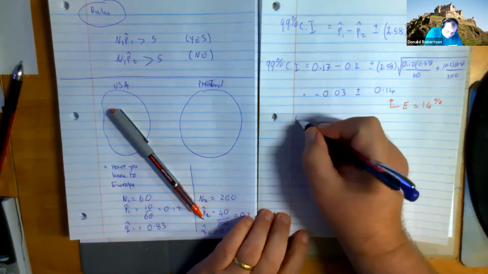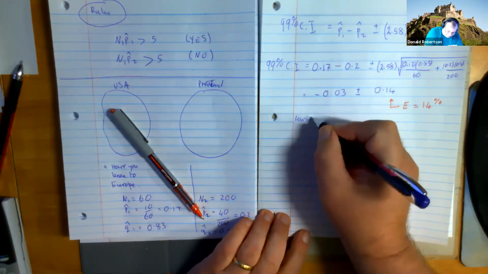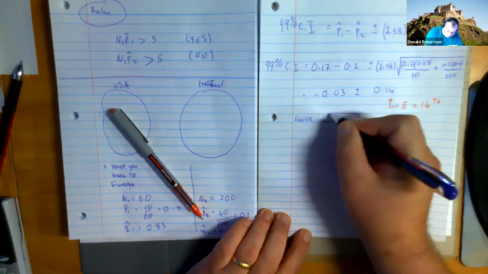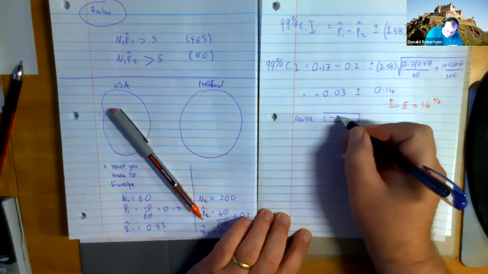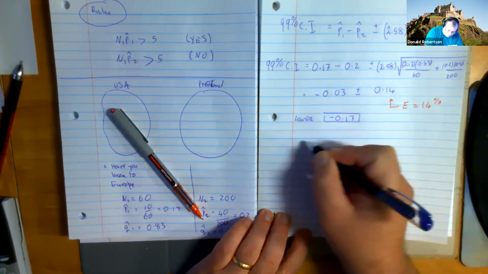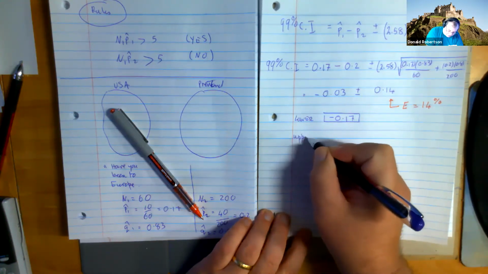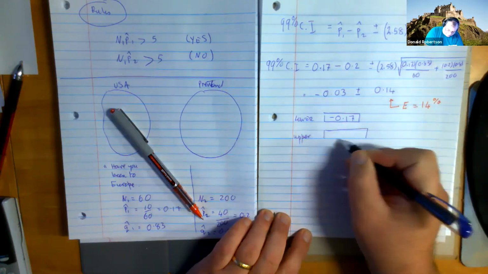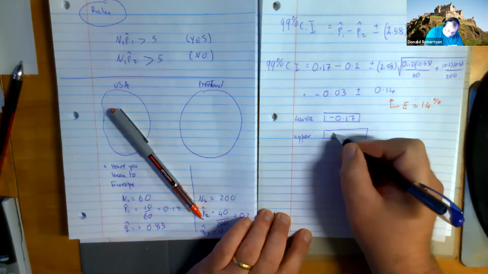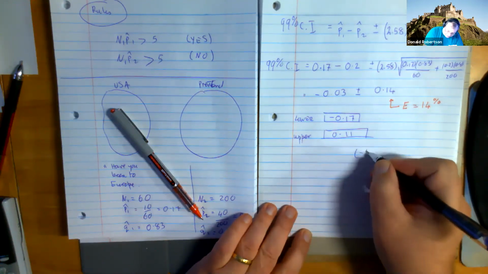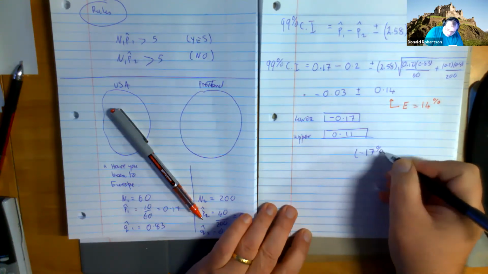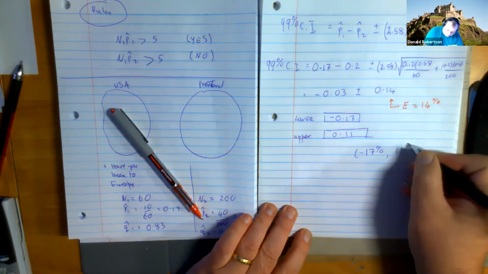Well, if I do the lower limit, that take away that subtract that is negative 0.17. If I calculate the upper limit, it's a positive number. Me personally, I like decimals to be turned into percentages.